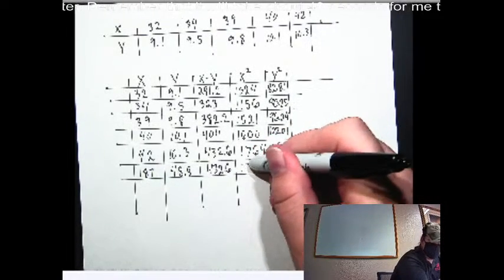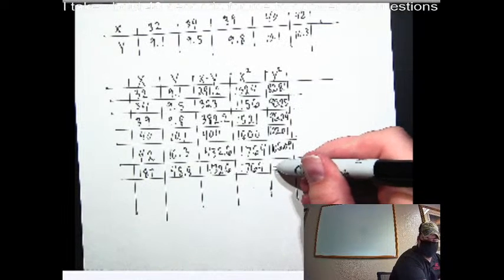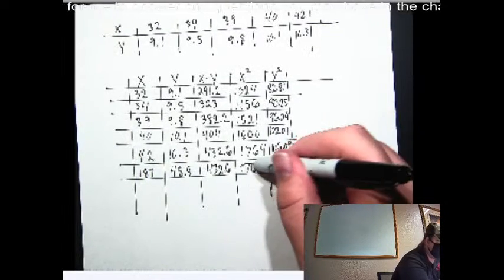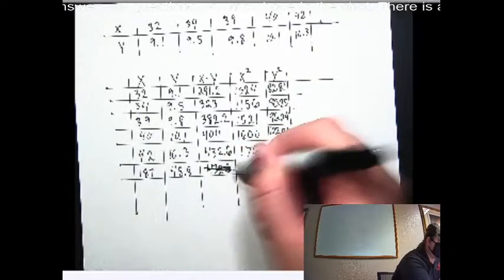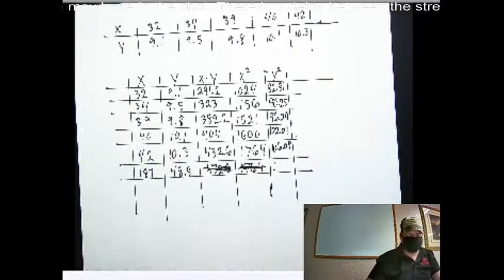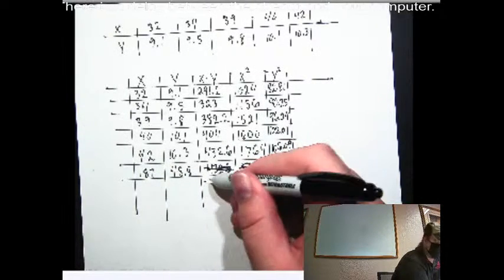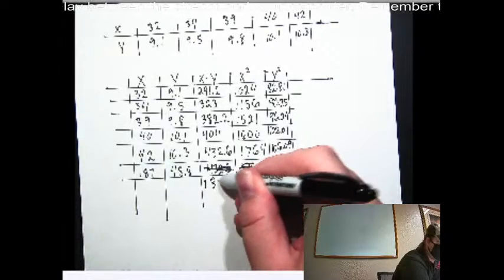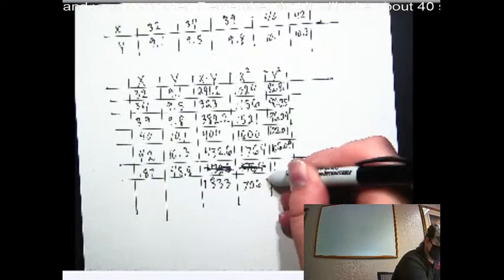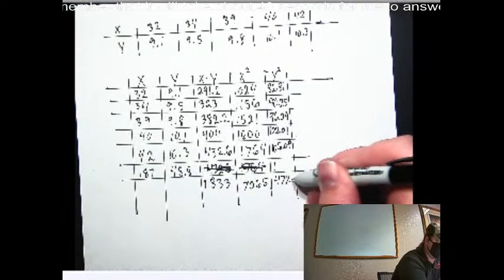X squared is 1764. And then y squared is 100. Whoops, I'm using the wrong values there. That should be 1,833. This one is 7,065, and this one is 477.2.